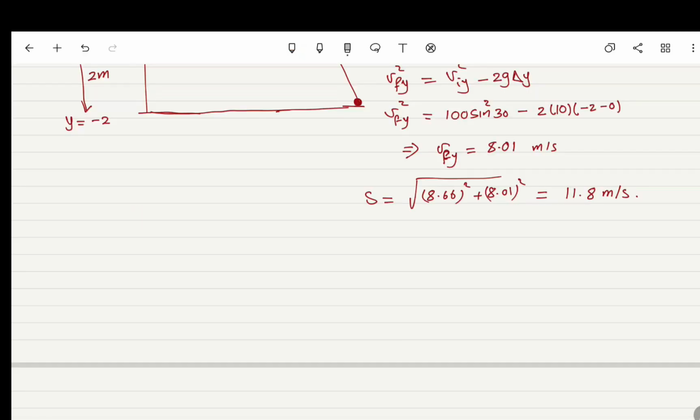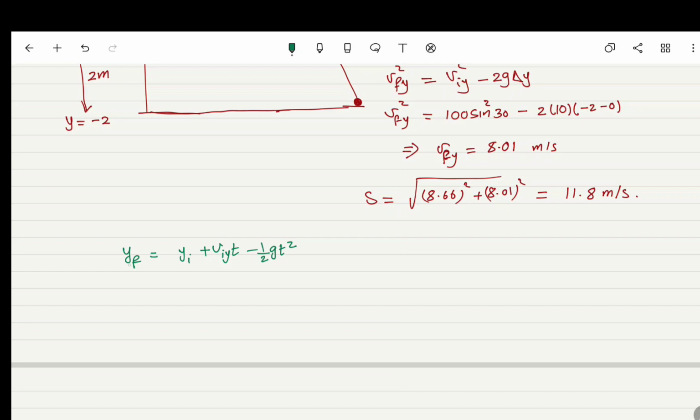What if we want to calculate the time required for the object to strike the ground? To calculate the time, use this equation here: y final equals y initial plus v initial y t minus half g t square. You substitute back: the initial v y is equal to 10 sine 30, and y initial here is equal to 0.